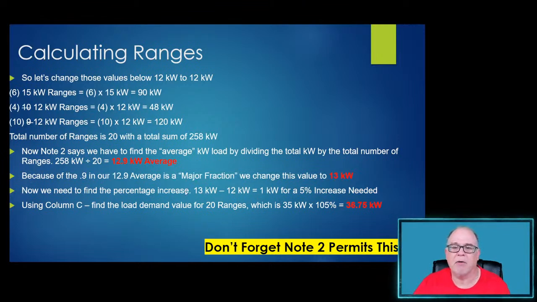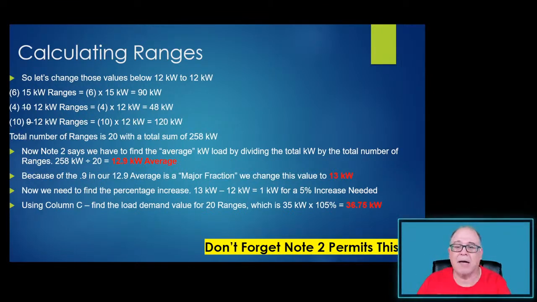All right, so now I'm going to ask you, how many kW does this average exceed 12? Well, 13 kW exceeds 12 by 1 kW. That's a 5% increase, right? So you went through all that just to find out what your percentage of increase is. Sounds like a lot, but you went through all of that. Now, once you know what you have to add and what the percentage is, it's pretty simple.